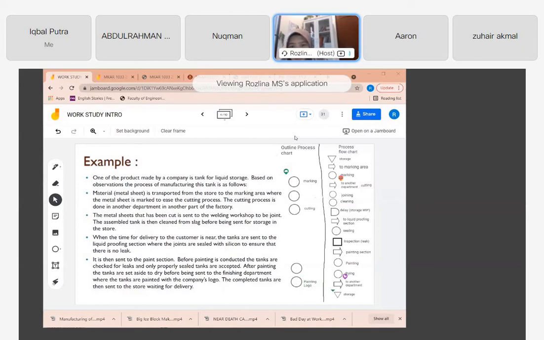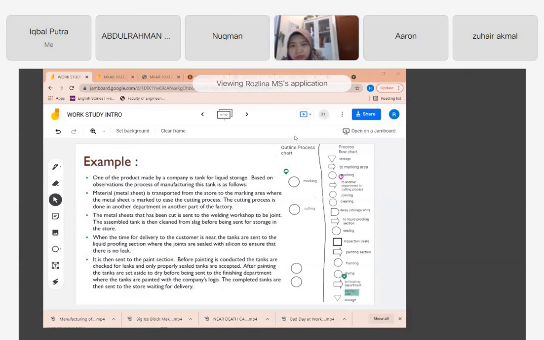To cutting process. And then cutting. Okay, marking. Then to cutting process. Okay, cutting process and then cutting. After cutting, to welding workshop.